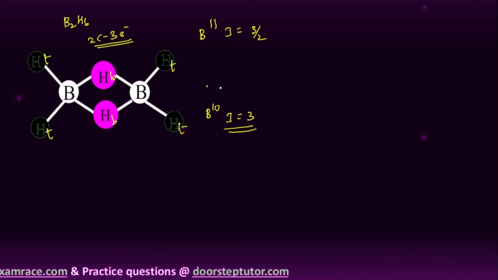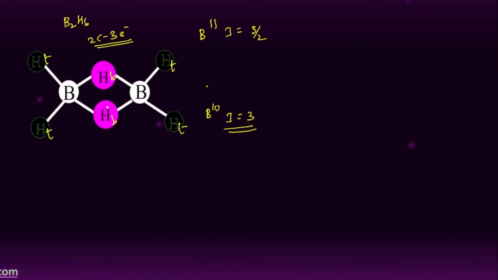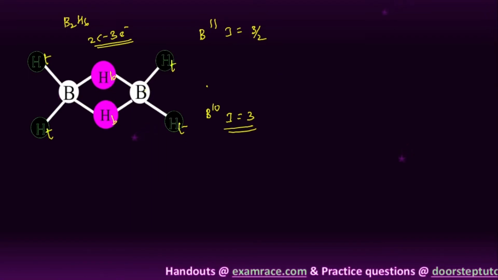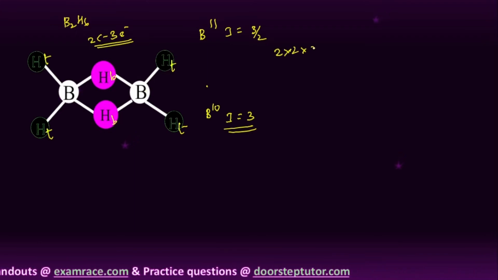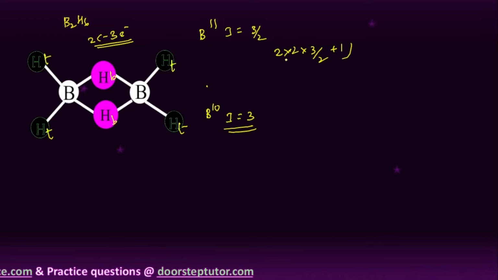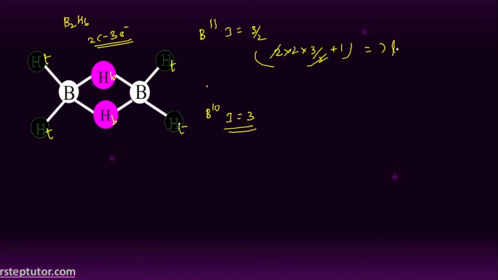Here the two bridging hydrogens are coupled with the two boron atoms. Therefore 2 into 2 into 3/2 plus 1. The 2 gets cancelled, 2 into 3 is 6, plus 1. Therefore it gives 7 lines in NMR spectroscopy.